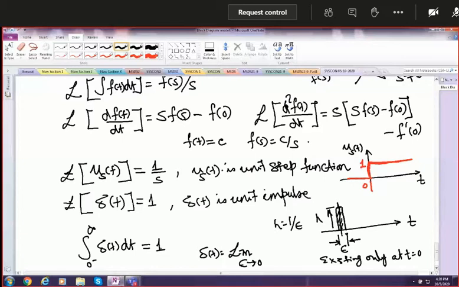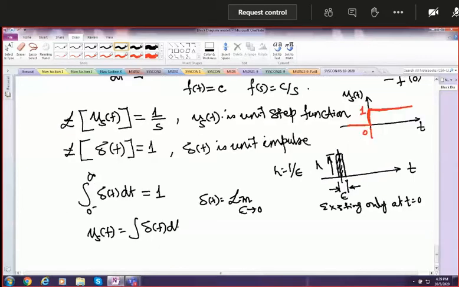So obviously u_s(t) is the integral of delta t dt, so U_s(s) is 1 by s times delta of s. It is 1 by s, since delta of s is 1.